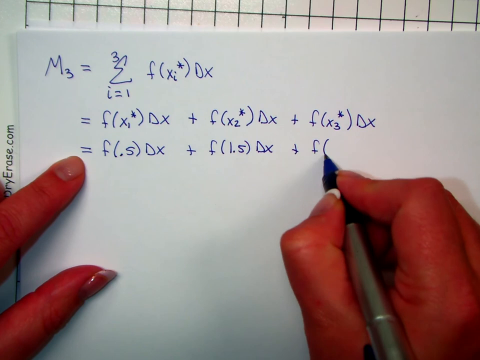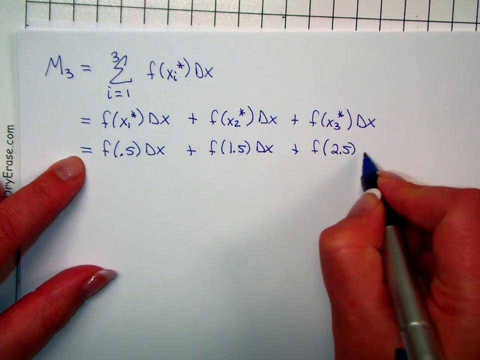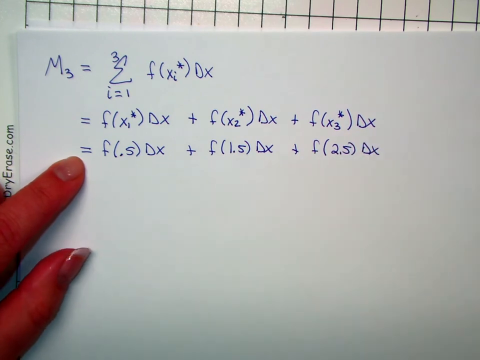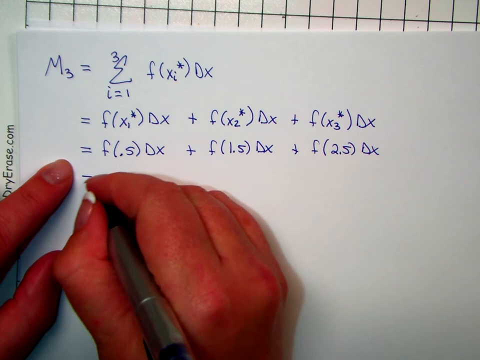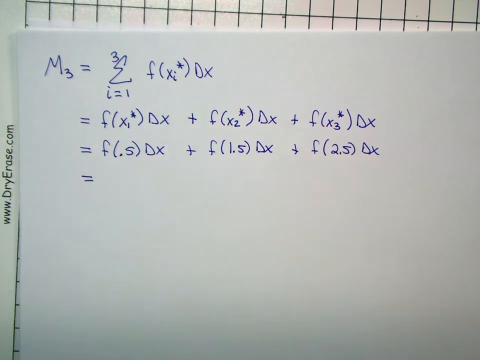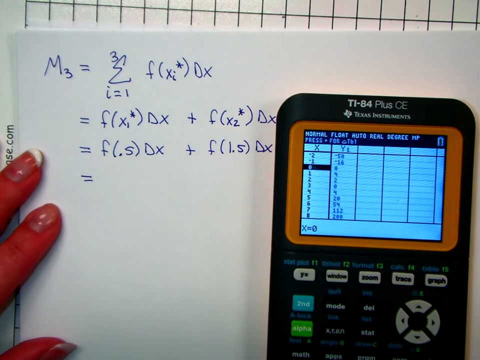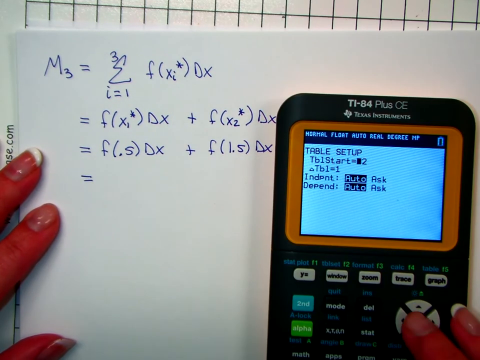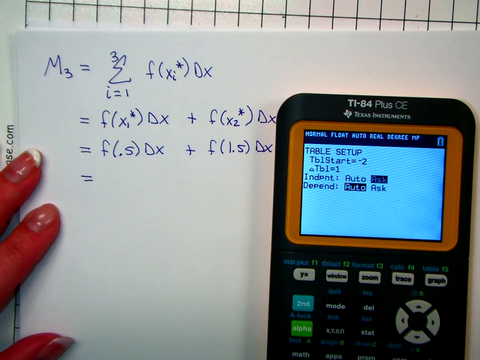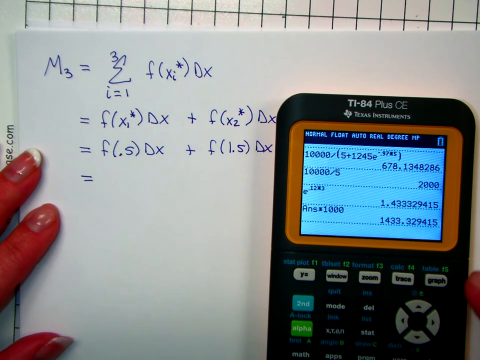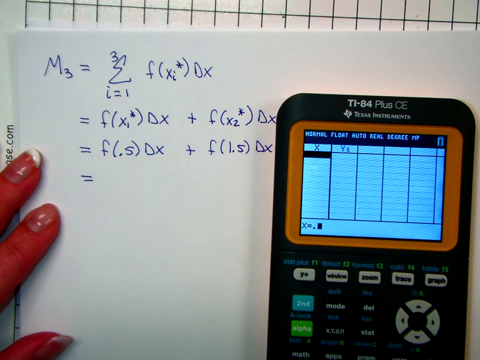And then x of 3 star was 2.5 times delta x, right? So I need to calculate the function at each one of those. All right, so I need to go change my table real quick so I can plug in 0.5, 1.5, and 2.5.